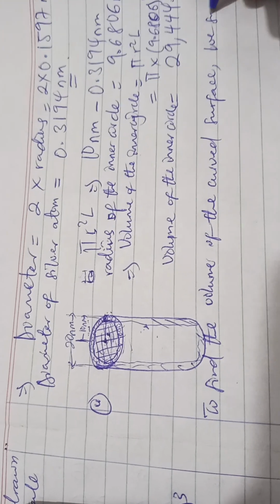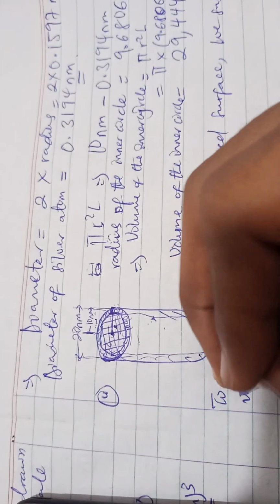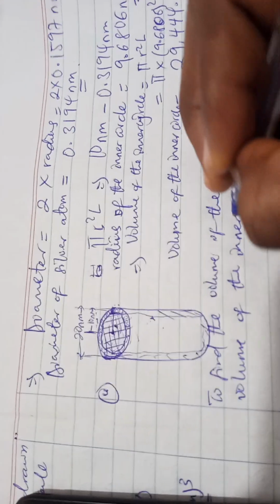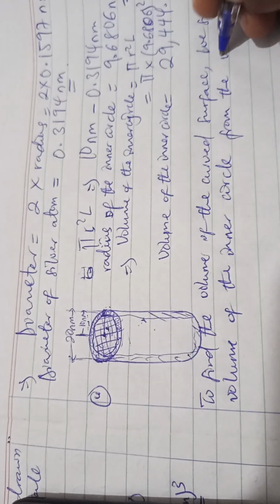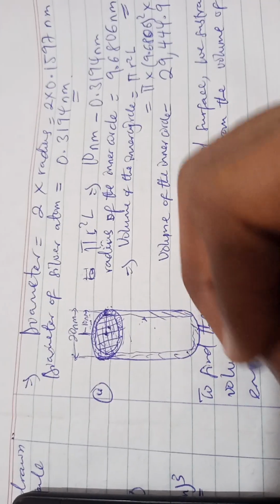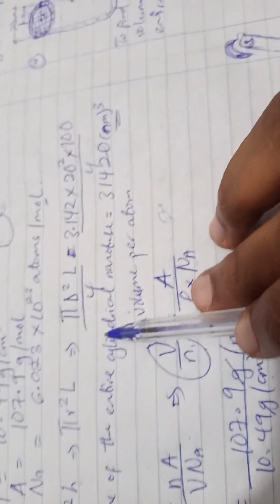Okay, so to find the volume of the curved surface, we subtract the volume of the inner circle from the volume of the entire cylinder. The volume of the entire cylinder, we found that to be 31420.